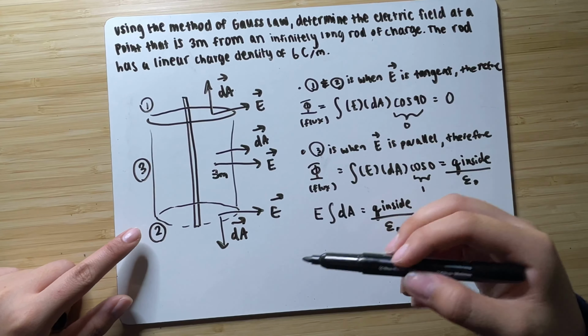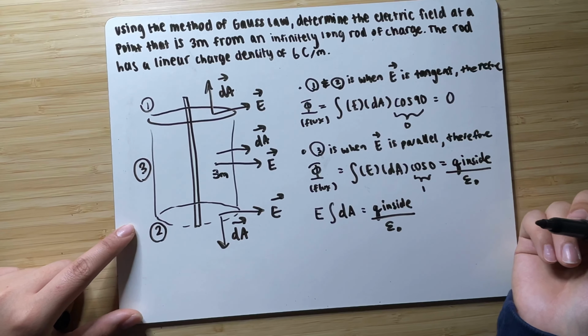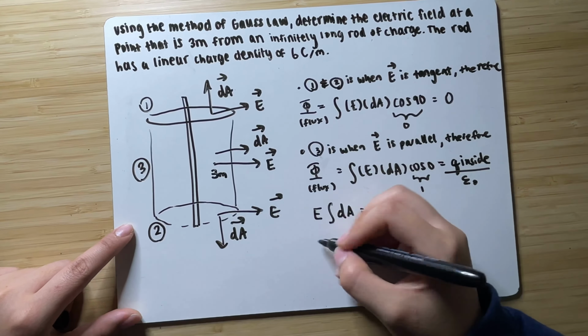So we can substitute the integral of dA because in mathematics, integral is area under the curve. So it's just going to be the area of this surface. So it would be the same thing as E times the surface area of a cylinder, 2 pi r h, equals Q inside over epsilon naught.